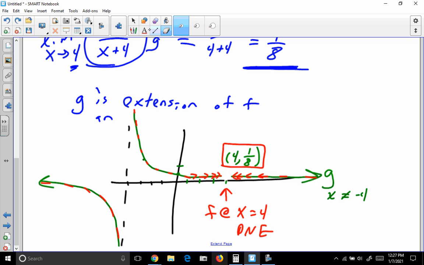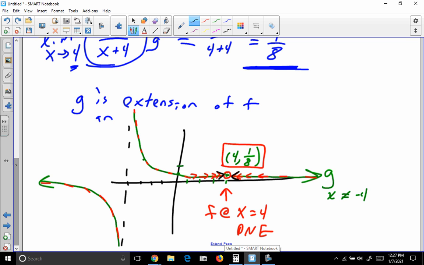With f, we've got a little bitty part of our graph missing where x is 4. With g, we don't have a gap. We include that. But with f, we don't. But limits, remember, a limit is what we're going towards. So whether there's a point there or not, both functions are going to the same location.